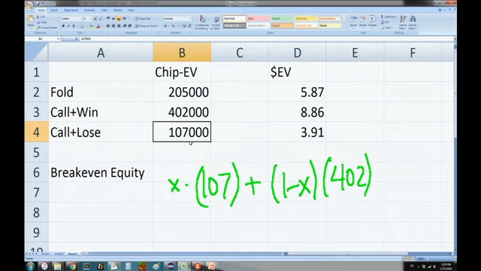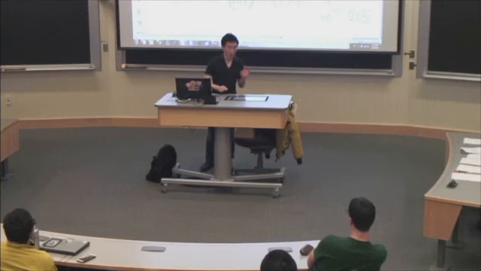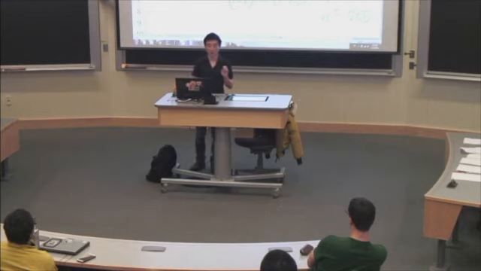Sorry, I did this in reverse. X is my chances of losing. I'm comparing this number versus how many chips I have if I fold. Then I'm just solving for X. I set these equal and calculate X, which is the break-even X, telling me the minimum equity I need against this range to call.